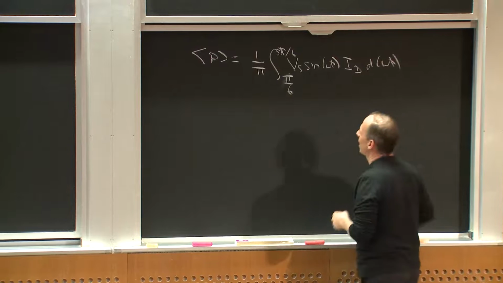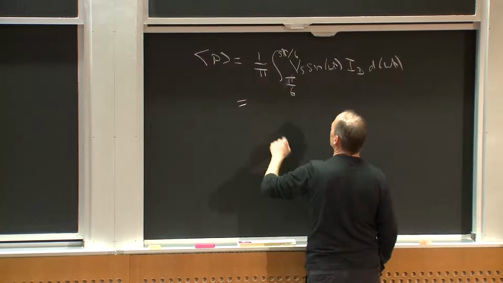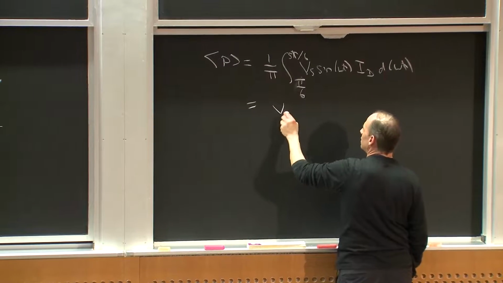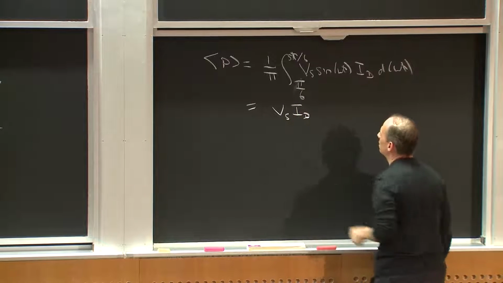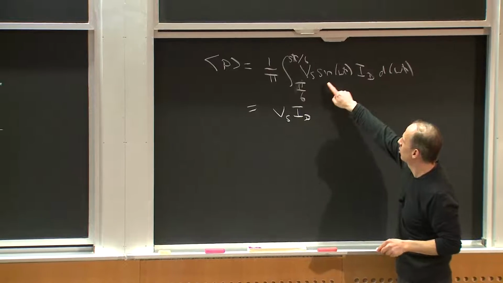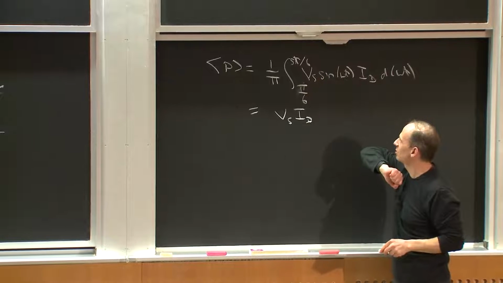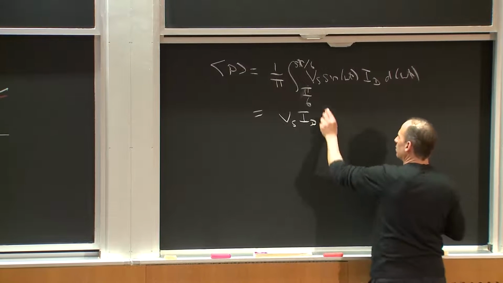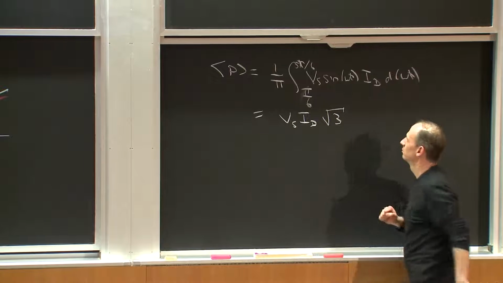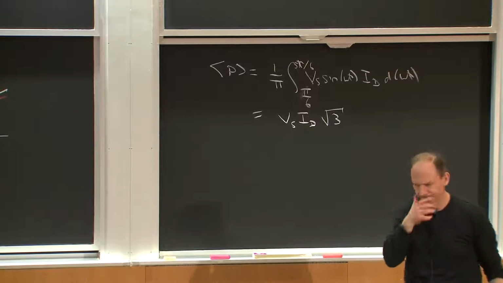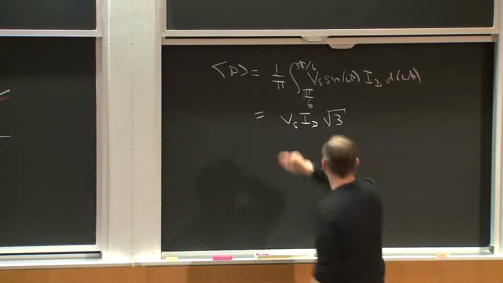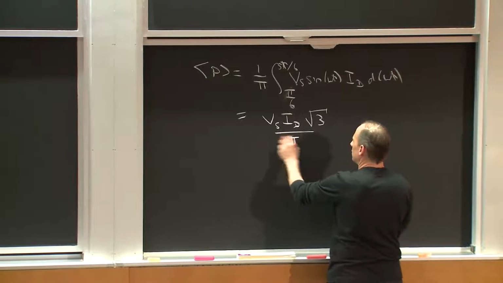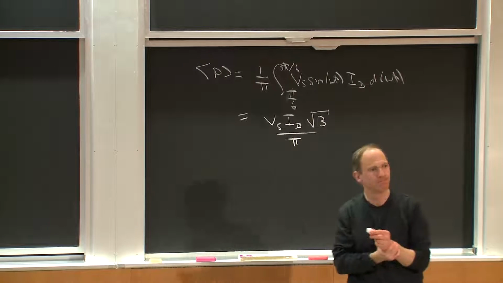That's the average power. So this is going to give me Vs ID times the cosine of pi over 6 minus the cosine of 5 pi over 6, which is the square root of 3. And this is 1 over pi. So that's the average power.